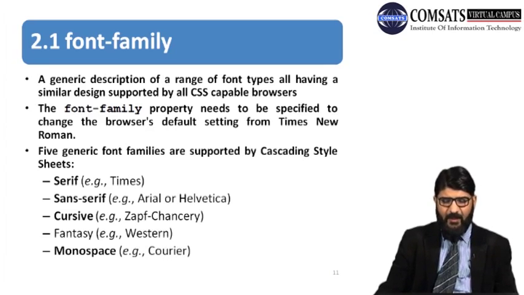The major difference between serif and sans serif is basically of edges. The edges of the alphabet are straight in one and they are curved in the other. So this shows the formal or informal way of writing particular content.